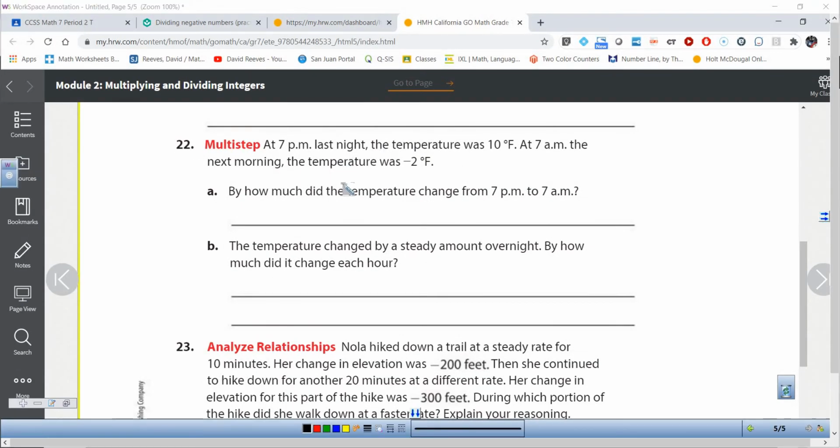Wow, this looks like a subtraction problem, right? All right, so it went from 10 degrees Fahrenheit, right, minus a -2 when we were done. Subtracting a negative is the same as adding a positive. And what do we get? We get 12 degrees, right?